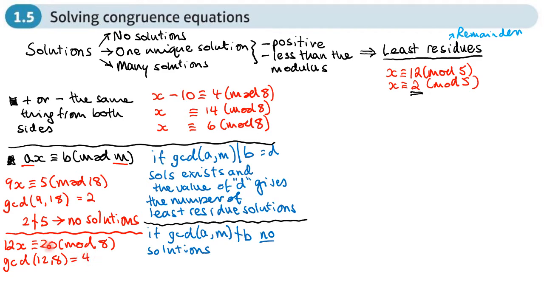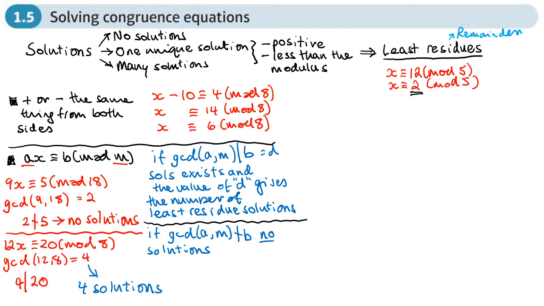So we see if 4 divides 20. Yes, it does. And the 4 then tells us the number of solutions since it divides 20. So this tells us that for this modulus equation, there will be 4 least residue solutions.